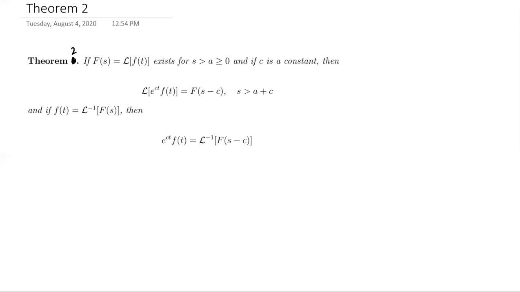Now, if c is a constant, then we can actually calculate the Laplace transform of the exponential with c in the exponent times f of t. And it actually ends up being a shift, not on the domain, but on the range. It ends up being a shift on the big F of s. And what are we shifting by? Well, we're shifting by whatever exponent we have on the exponential.